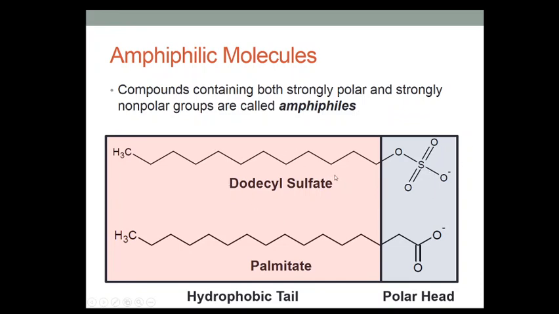So dodecyl sulfate, you'll often find this in soaps like shampoos. This is often referred to as sodium dodecyl sulfate. It's a very good detergent. Palmitate often shows up too, but in both cases you have, again, nonpolar alkyl tails. These are referred to as hydrophobic tails, as well as these polar functional groups that we call the polar head groups.